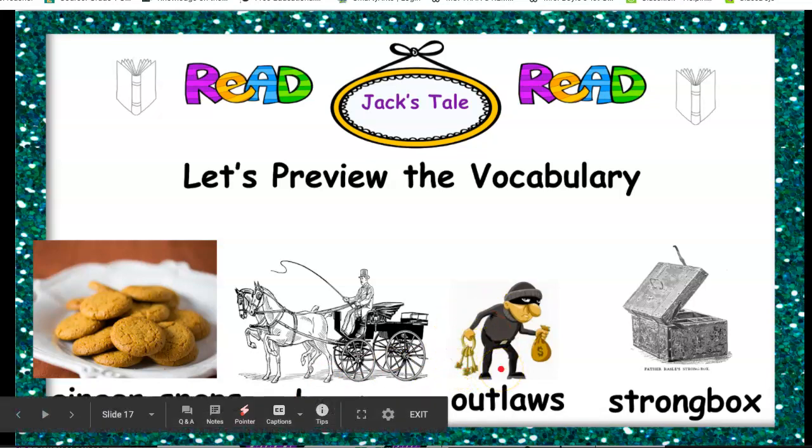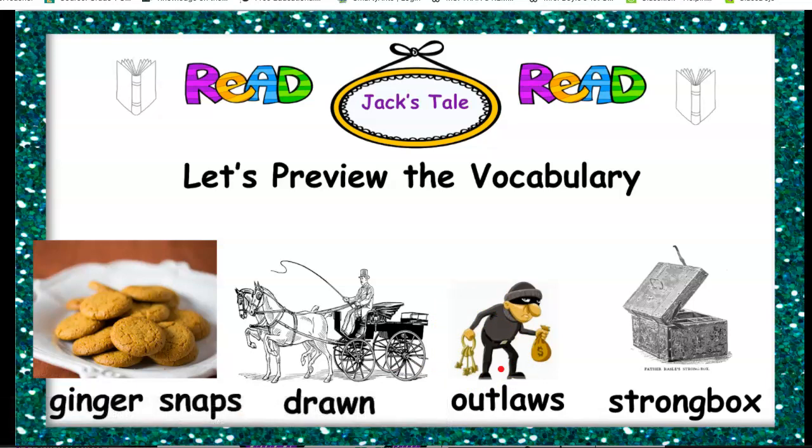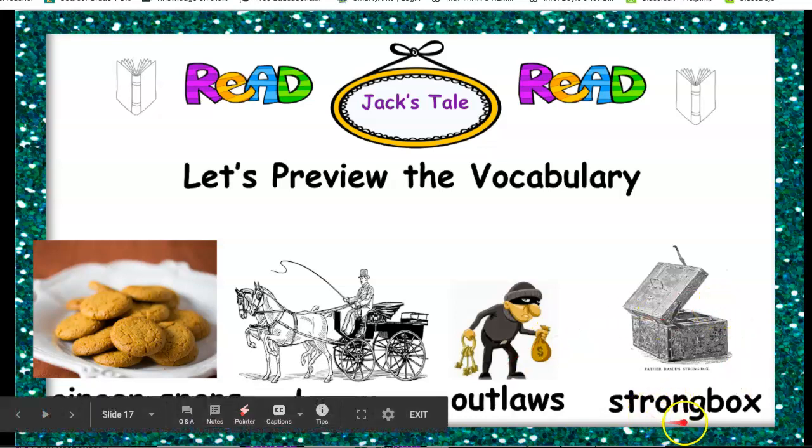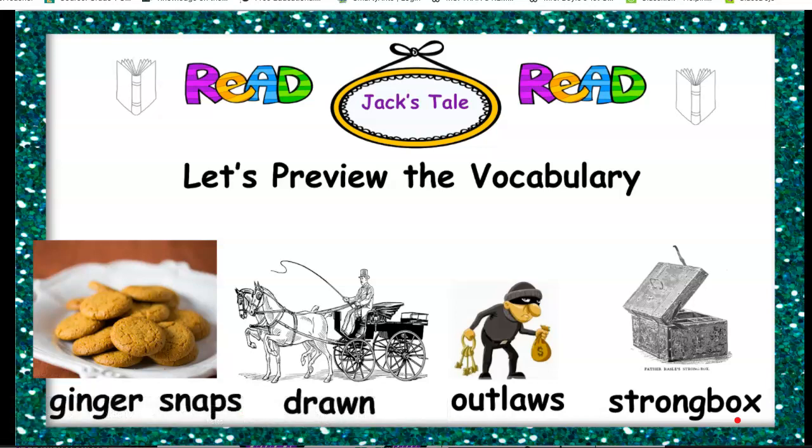And outlaws are people living outside of the law. So that means that they do not follow the law. They do not follow the rules that we need to live by. You're going to read this word strong box. And a strong box is a box where things are placed to be locked up and kept safe.